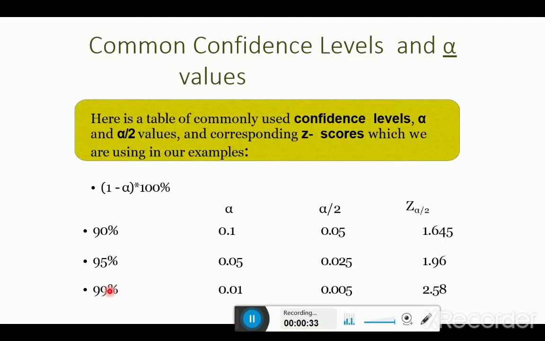We have some more confidence levels as well, like 91%, 93%, 94%, 80%, 85%, but those I will discuss later when I start hypothesis testing.